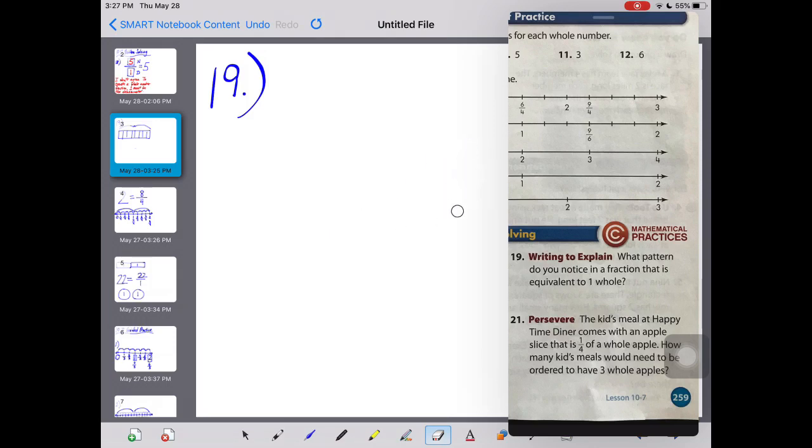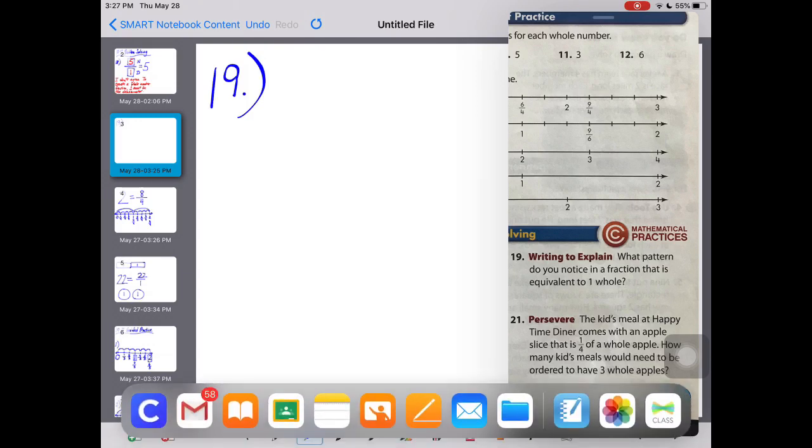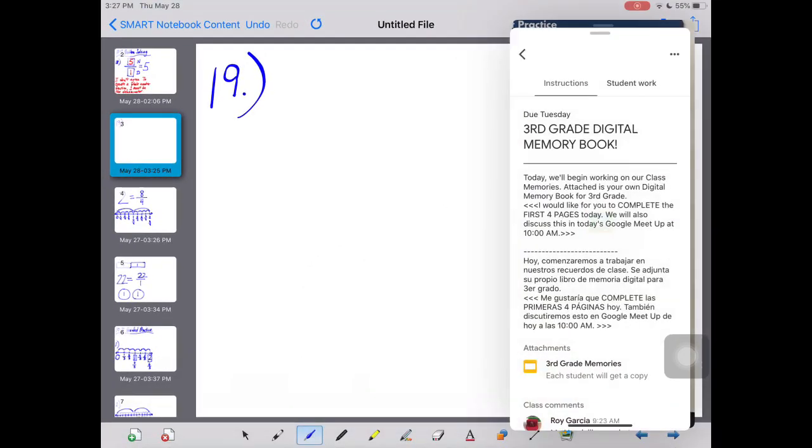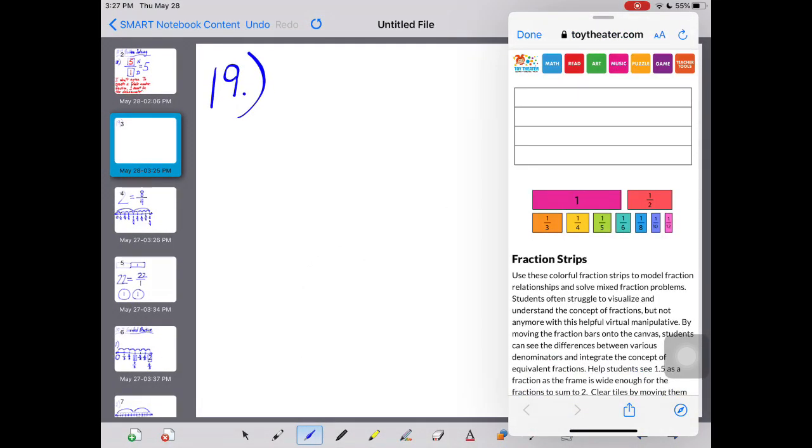All right, welcome back. I'm going to bring out my handy dandy fraction strips. Love these things. And give some examples of 1 whole. There's one example. Has it been cut into anything? Just 1 piece. So we've got 1 whole, right?